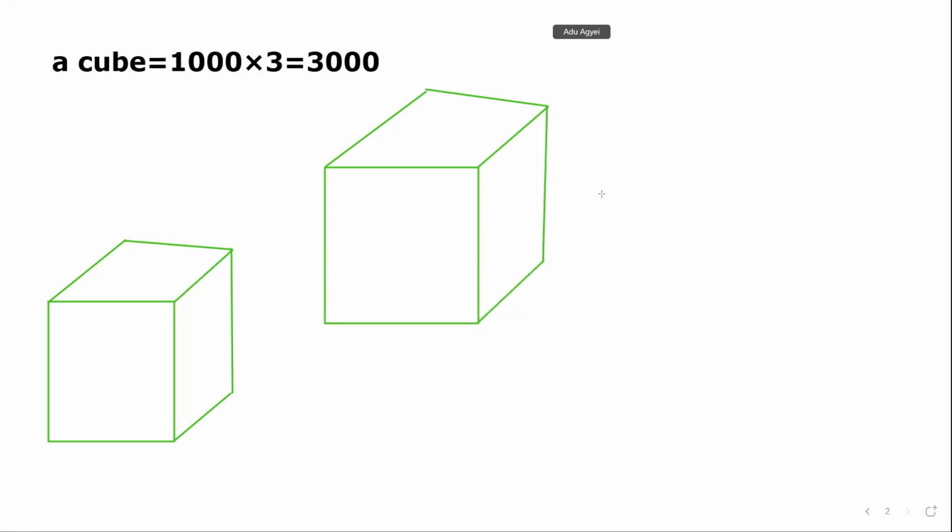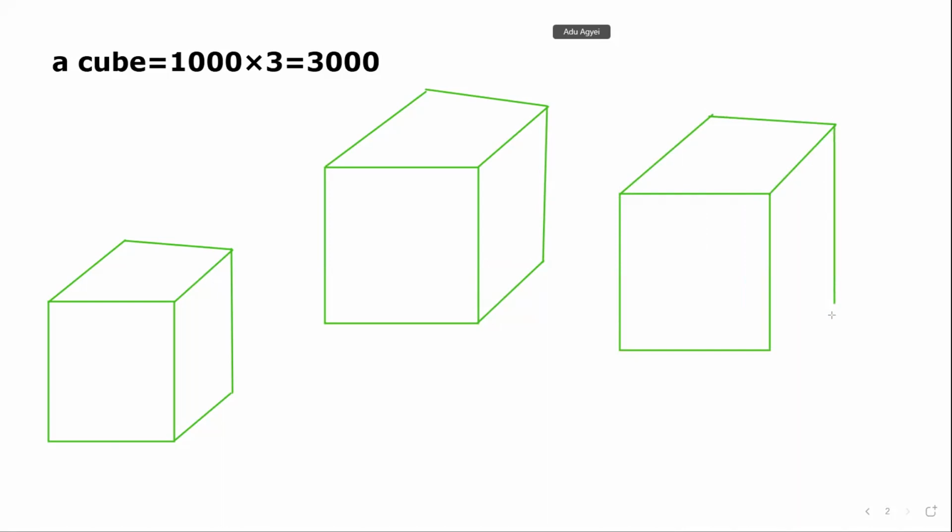Now you draw 3 keys. Now we are done with a key.